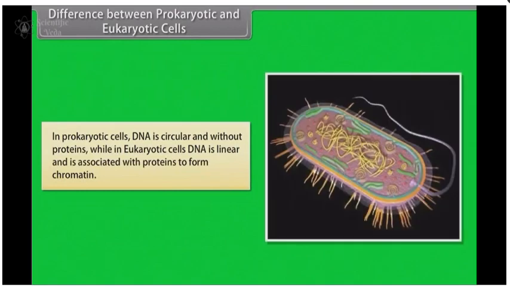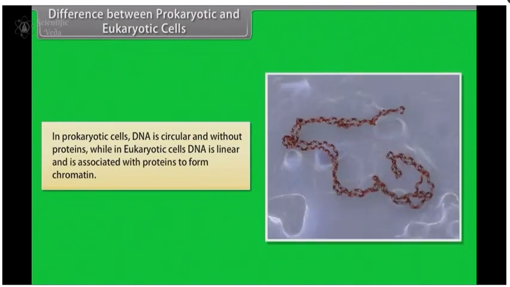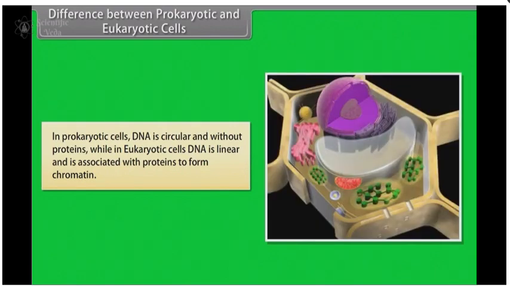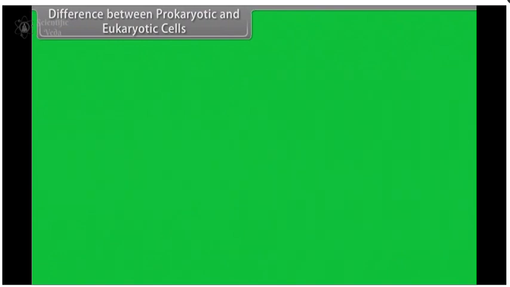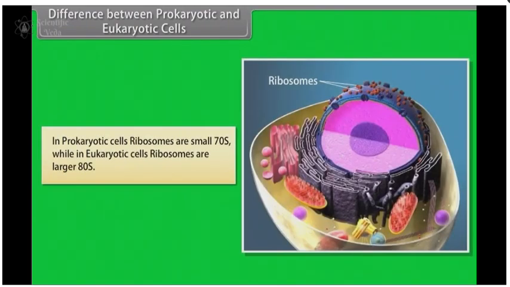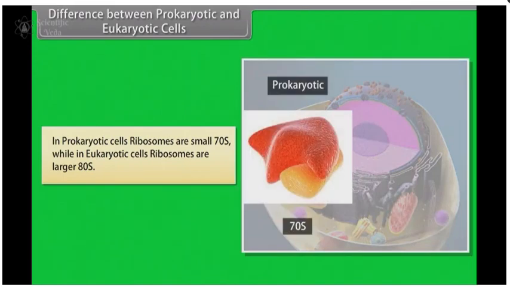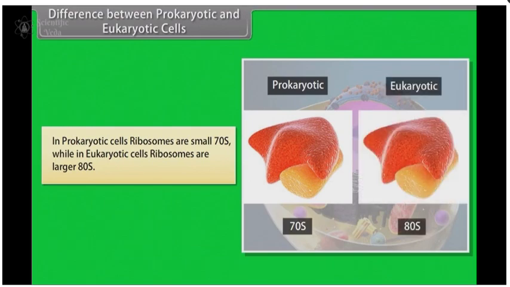In prokaryotic cells, DNA is circular and without proteins, while in eukaryotic cells, DNA is linear and is associated with proteins to form chromatin. In prokaryotic cells, ribosomes are small 70S, while in eukaryotic cells, ribosomes are larger 80S.